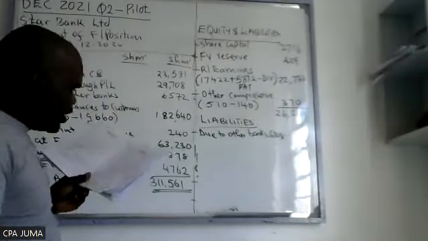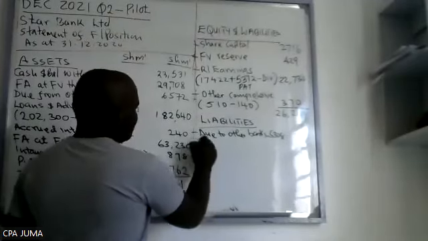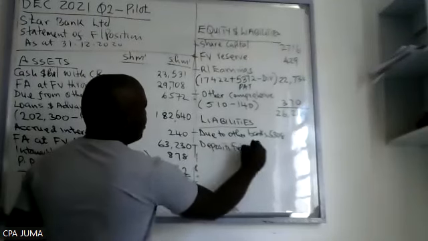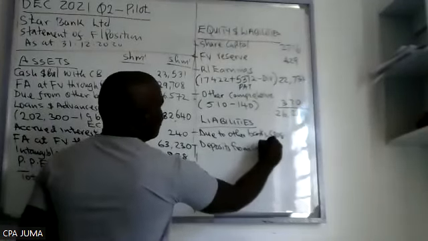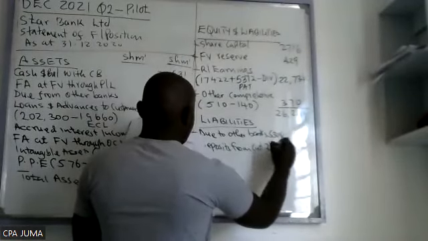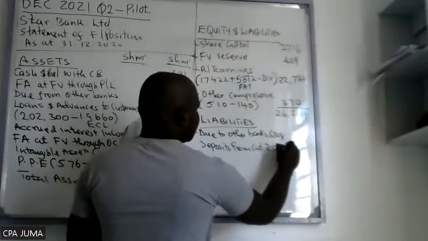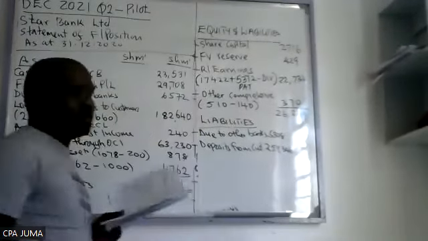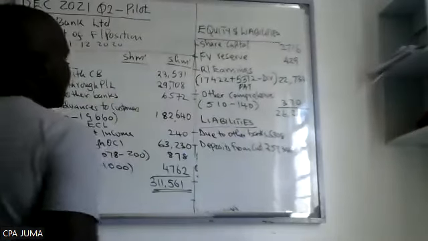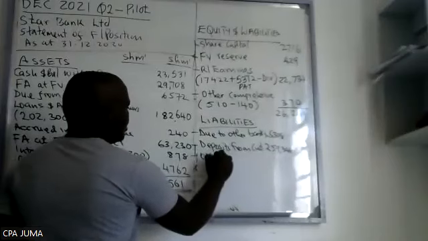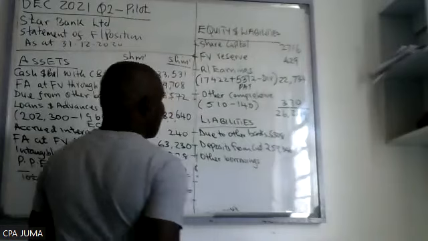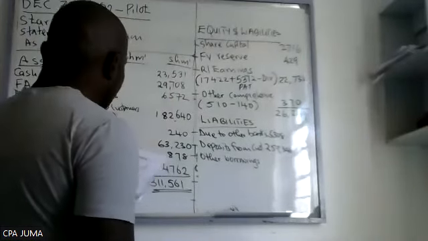Due to other banks. Deposits from customers. From customers, I'm seeing 259,346. Other borrowings.